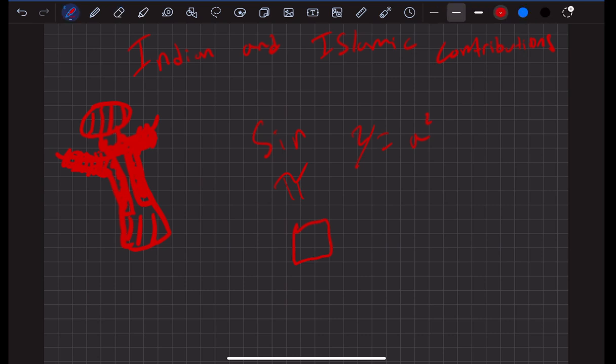So from Greece to the 15th century Islamic and Indian contributions, we're seeing a lot of people using ideas of calculus but not actually understanding the fundamentals, or putting together all the pieces required to look at our fundamental theorems of calculus.